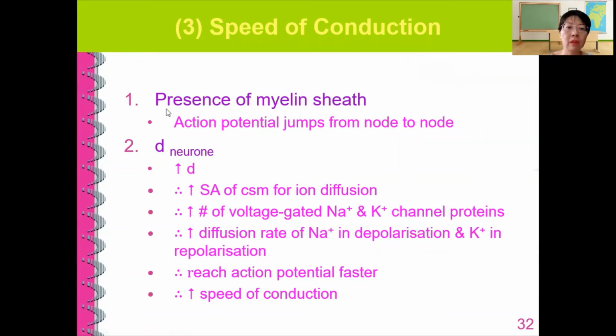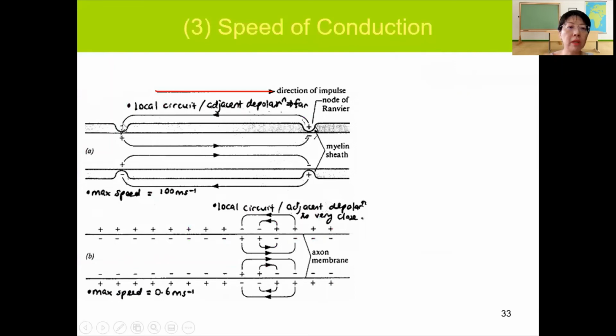Okay, so this is jumping, action potential jumping from node to node in a myelinated neuron, and action potential that cannot jump from node to node, so you have to pass from one point to adjacent point along the unmyelinated neuron. So speed of conduction for myelinated is 100 meters per second, whereas for unmyelinated is 0.6 meters per second.